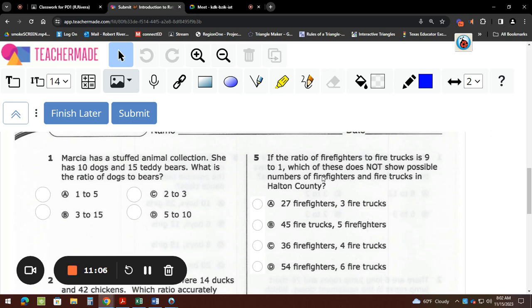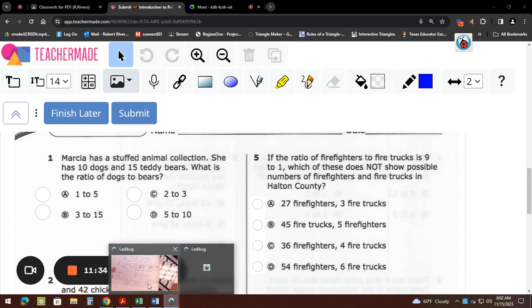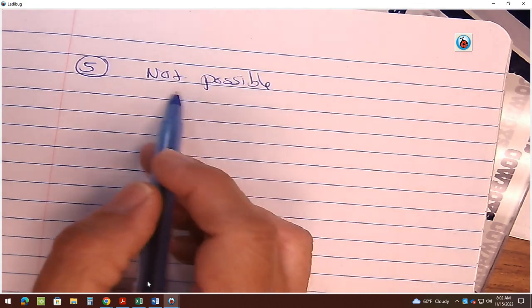Number 5, if the ratio of the firefighters to fire trucks is 9 to 1, which of these does not show possible numbers of firefighters and fire trucks in Houghton County? Okay, number 5. The question is, which of these does not show possible, not possible? So this question is saying not possible.